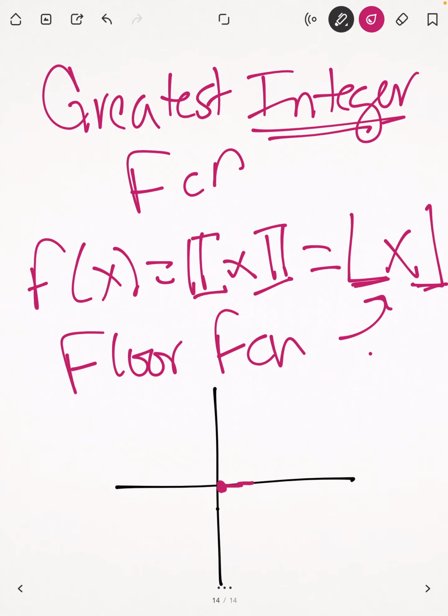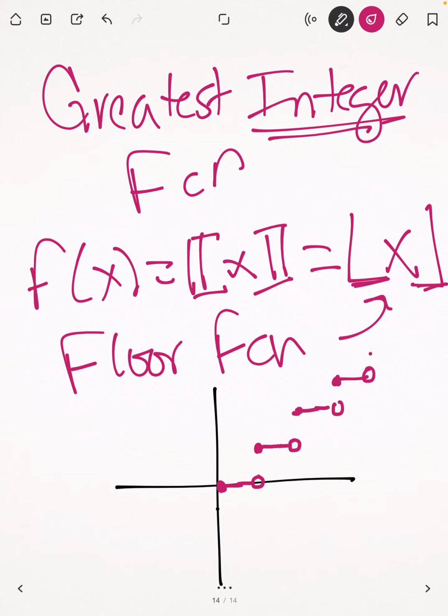And then I get over here to 1, but now 1 is an integer. 1 1/2 we round down to 1. 1 3/4 we round down, and then once at 2, we move up to the next integer. 2 1/2 rounds down, 2 3/4, but then at 3 we jump up again, and it looks like this.